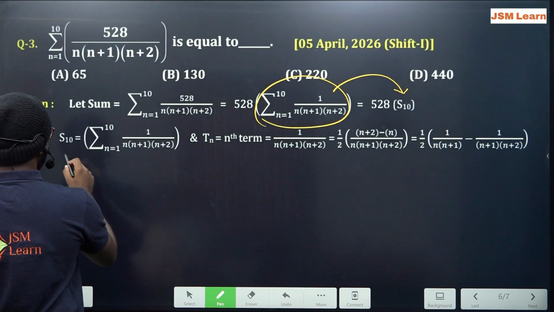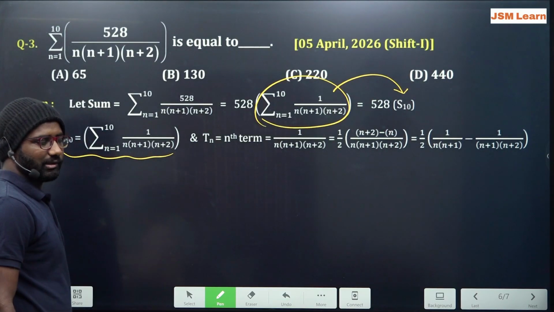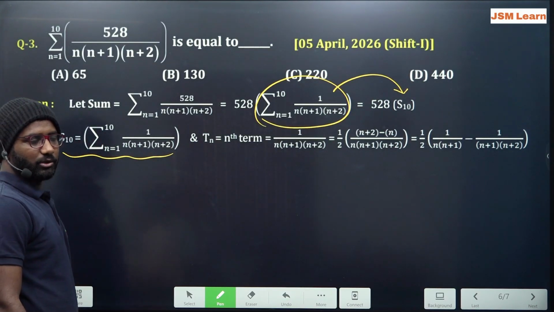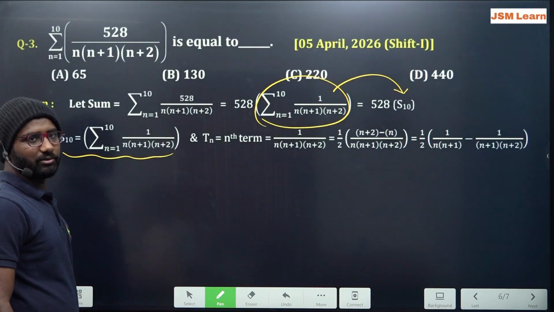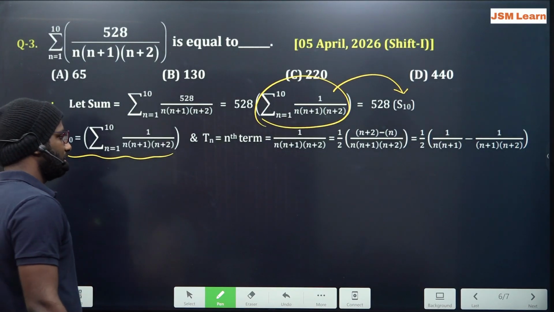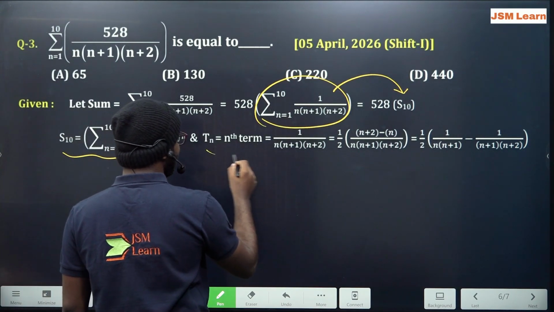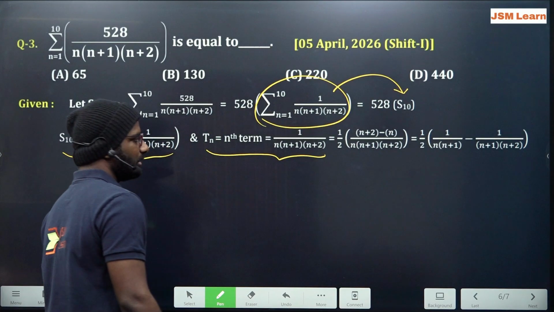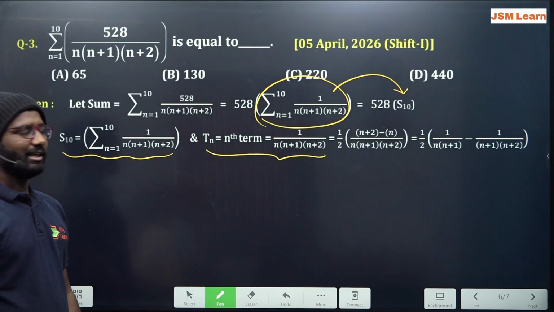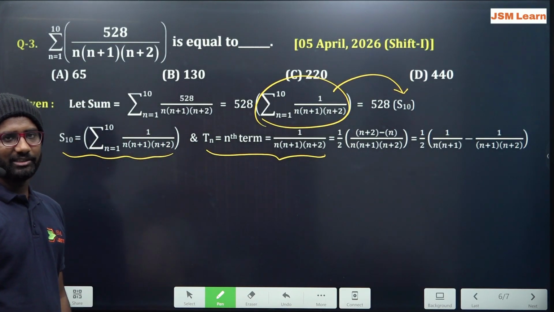So we got S10 is equal to sigma running from 1 to 10 of 1 by n(n+1)(n+2). From here I am writing 1 by n(n+1)(n+2) as the nth term of this particular sequence.